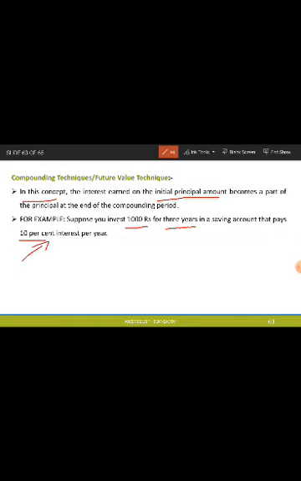Suppose for the first year, the investment is 1000 rupees. And what is the interest here? The interest for the first year is 10%.